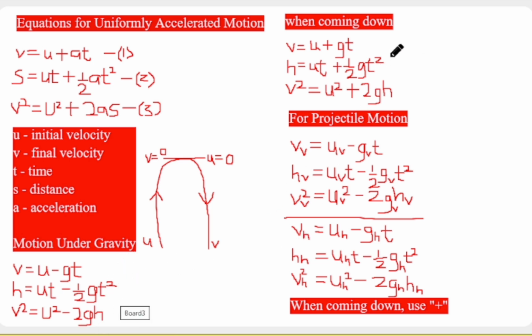When the object is coming down, you use plus. So when you are given a question, just check, is the object performing the motion under gravity? Is it going up or coming down? If it is going up, use these equations. If it is coming down, use these equations.